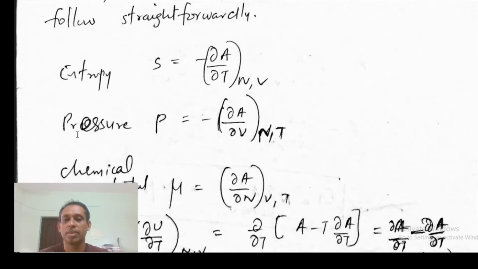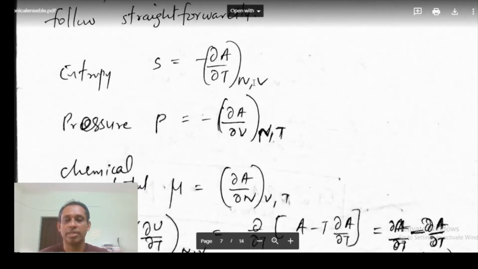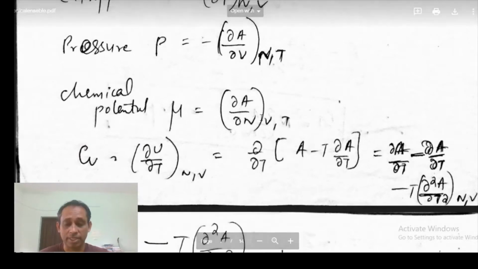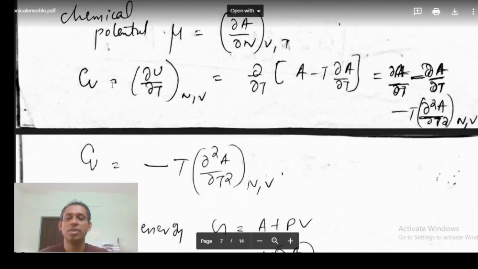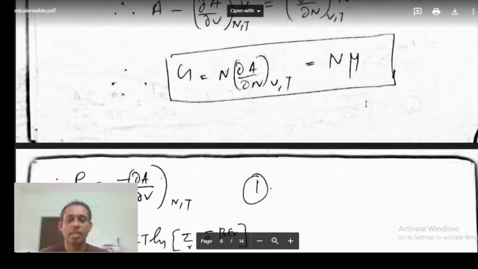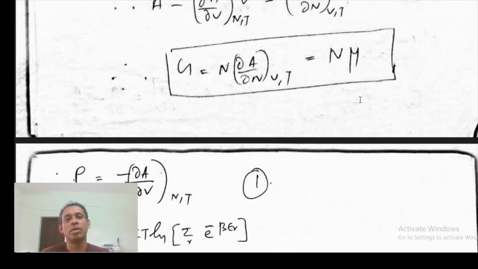Entropy is given by this, pressure is given by this expression, chemical potential by this expression, CV by this expression, and Gibbs free energy can be determined. So all other thermodynamic quantities can be determined once we calculate the partition function and then the Helmholtz free energy.